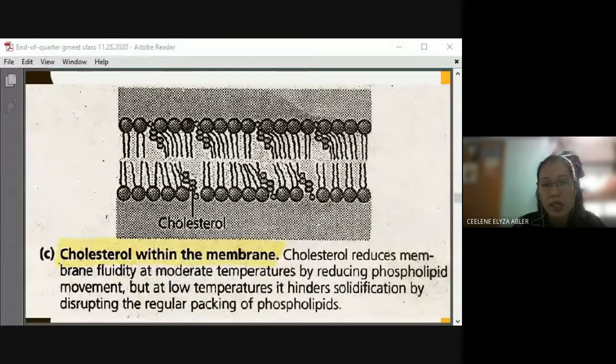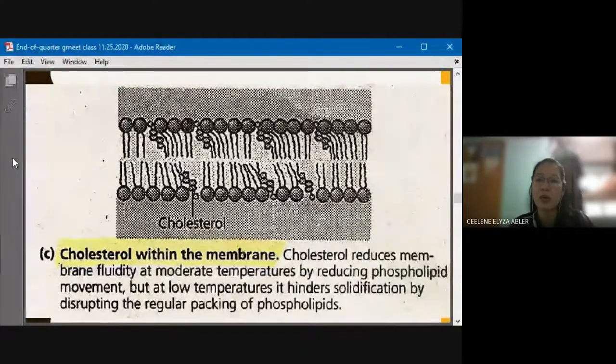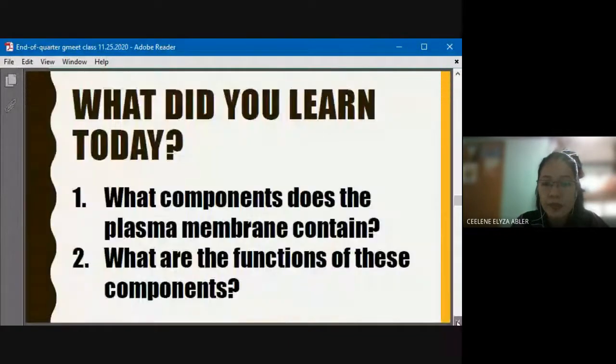So, hindi siya masyadong 100% fluid at hindi din siya masyadong madaling i-diffuse. So, para restrictive yung pagpasok at paglabas ng certain substances. Remember class, hindi lahat ng papasok kay cell are needed by the cell. So, it's actually dependent on the plasma membrane to allow certain substances to enter the cell. Alright? So, yun ang gamit ng cholesterol.